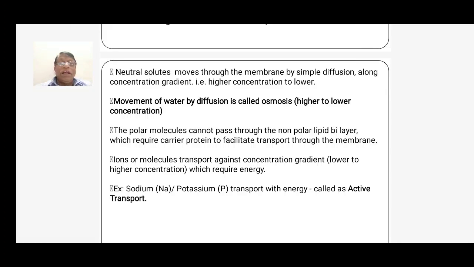Osmosis means the movement of water molecules from higher concentration towards lower concentration through the semi-permeable membrane. Okay. So water is more in the outside environment, water is less in the cell. So water moves into the cell by diffusion.